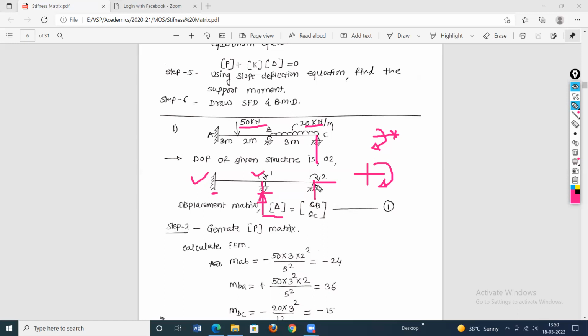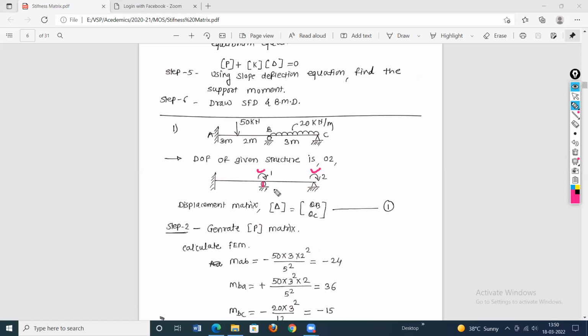Therefore, vertical displacement as well as horizontal displacement is not possible. Only the rotation is free. So at point C also, the degree of freedom is the rotation. So in all, in this particular structure, two degrees of freedom are possible: the rotation at B and the rotation at C.